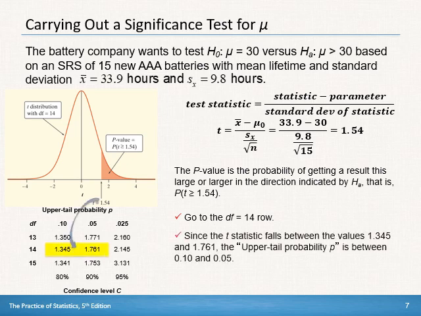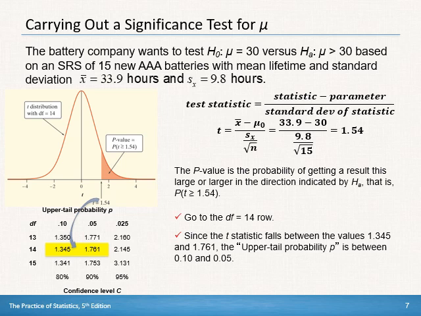In the last chapter in 8.3, we were going down and paying attention to the confidence interval, but here we want to read up and look at the probability values above those two values. So we know that our t statistic, 1.54, falls between 1.345 and 1.761. That's the t statistic in the body. At the top are our p-values.